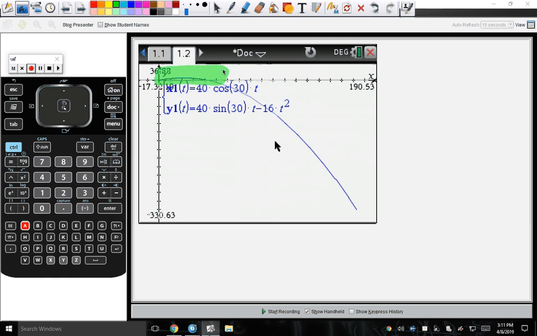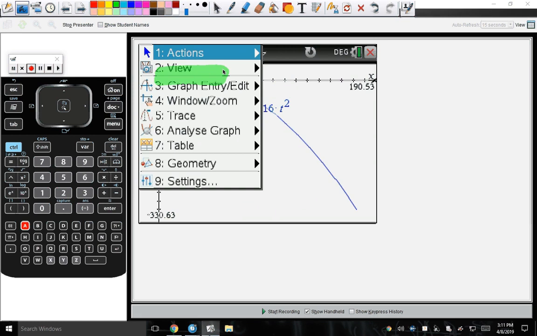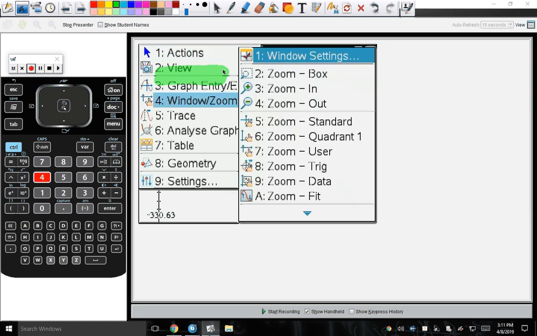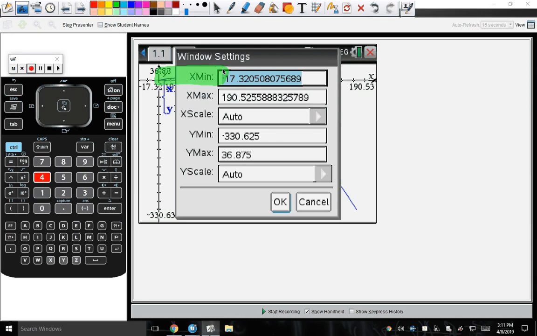Okay? Now, let's change this to a customized window setting. Here we go. I want you to go to menu, 4, 1, and what do you think the x-min will always be? The x-min is always going to be 0 per se, because we're going to start when x is 0. You with me? So we're going to say 0, and then what's the x max?